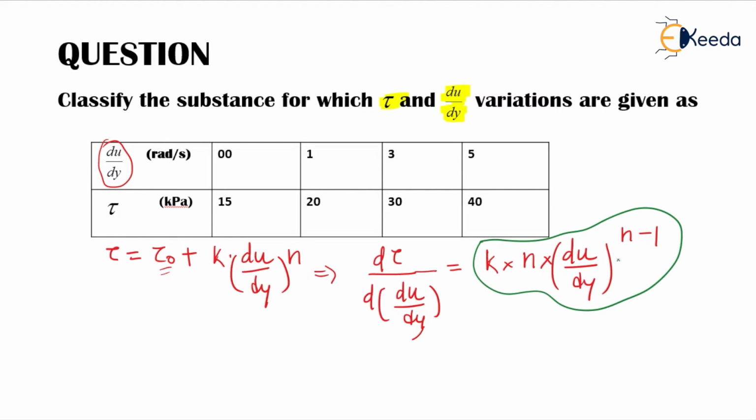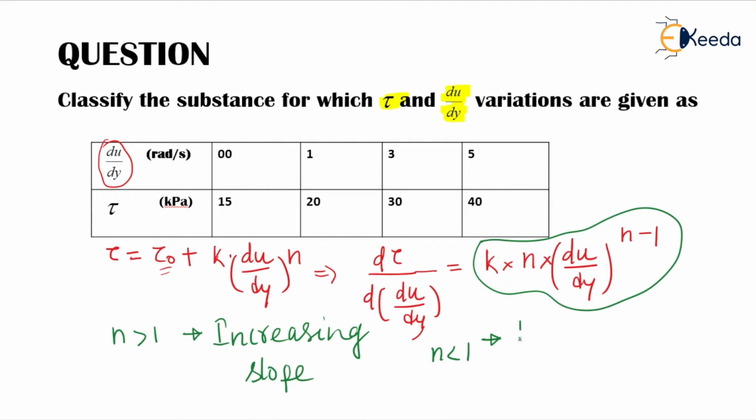But if n is less than 1, the slope will be decreasing, so we can write decreasing slope. We should keep this in mind.